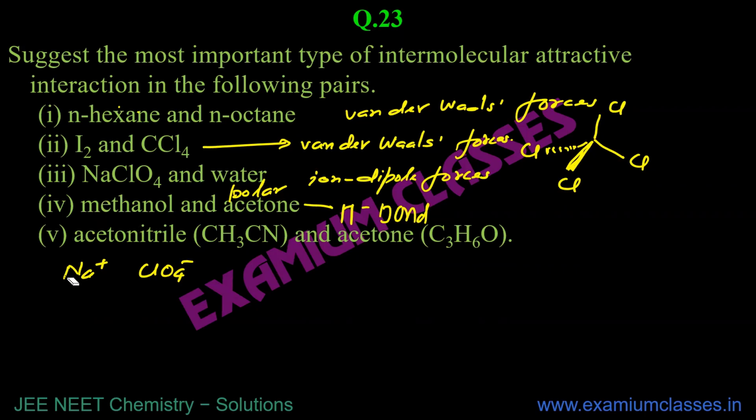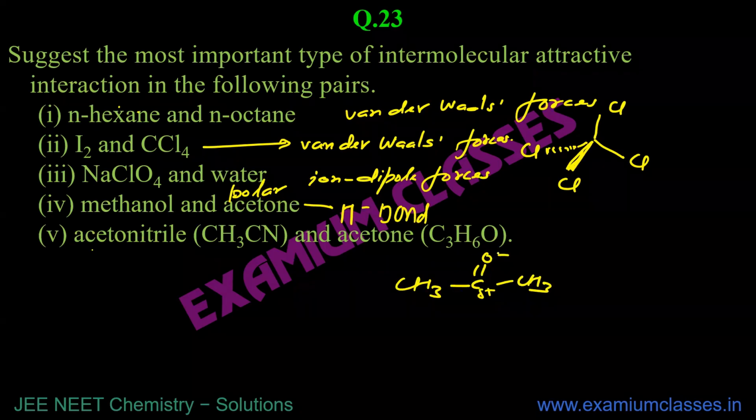Then next one, acetonitrile and acetone. And this one is very easy one. Acetonitrile. And remember here in this case, you could have considered acetone as dipole because acetone is CH3COCH3, and this C=O bond is a dipole, plus minus.